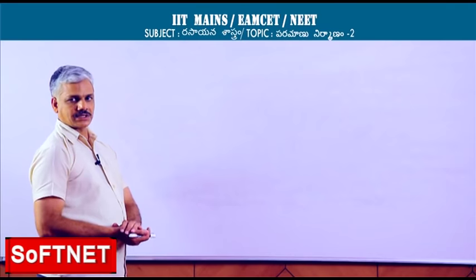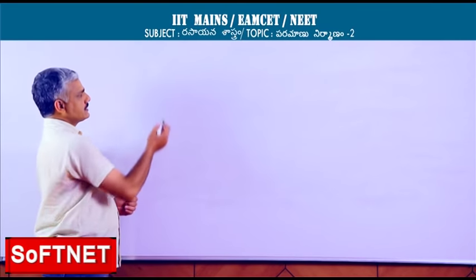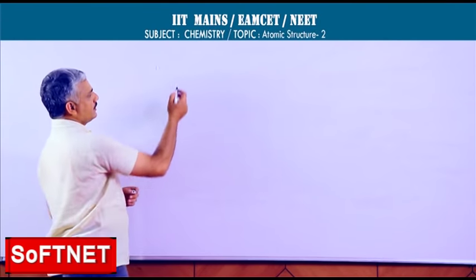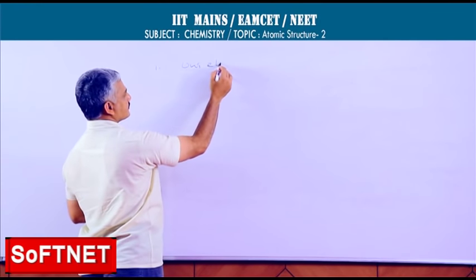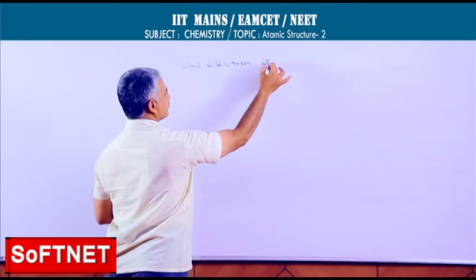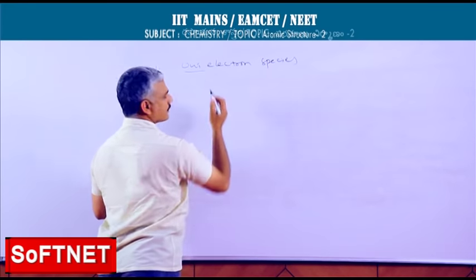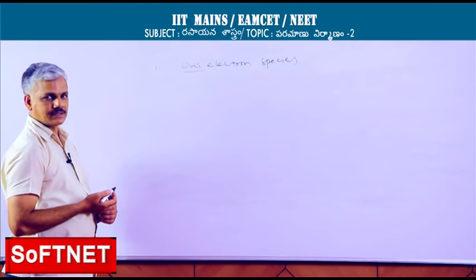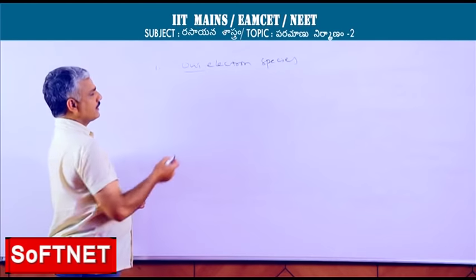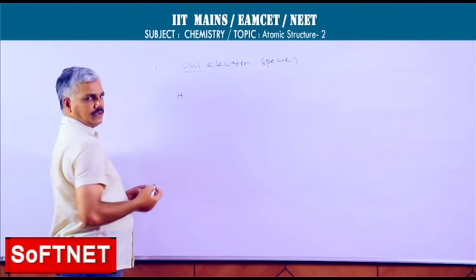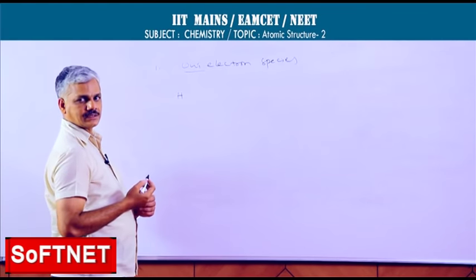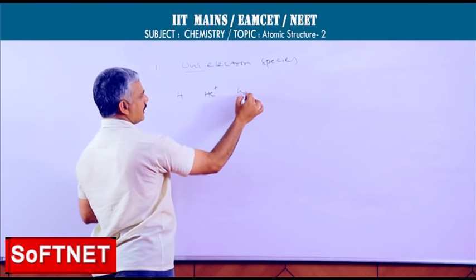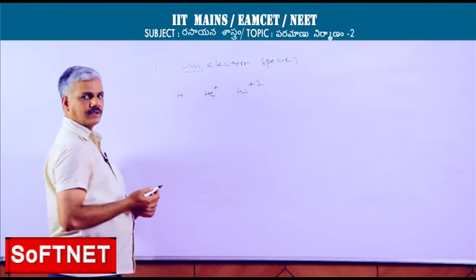What are those limitations? The major limitation is Bohr's atomic model is applicable for uni-electron species. Uni means one or single. That means we can apply Bohr's atomic model to either hydrogen or hydrogen-like species like He plus, Li plus 2, which contain only one electron.